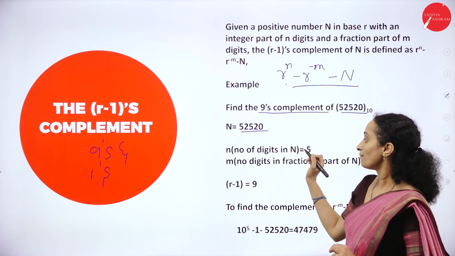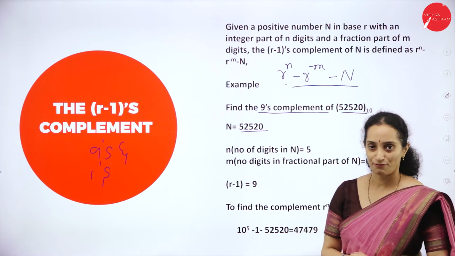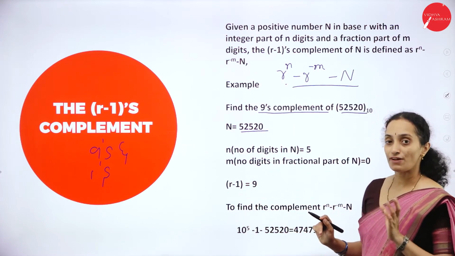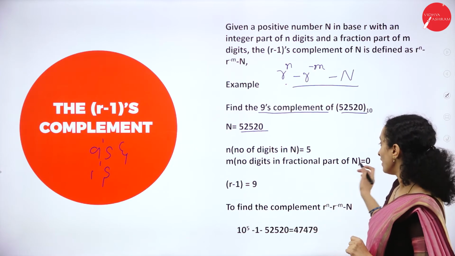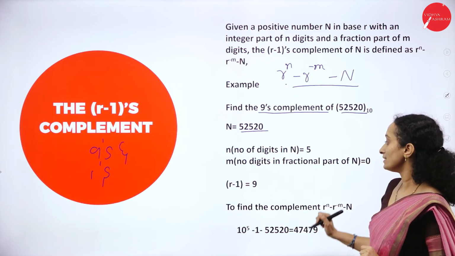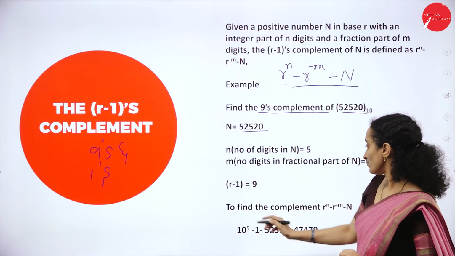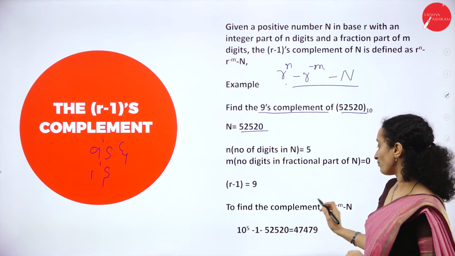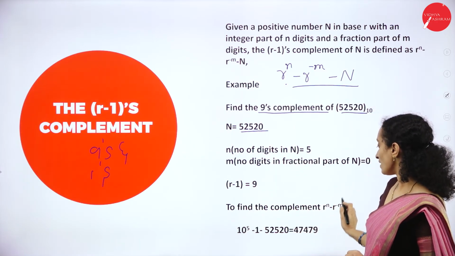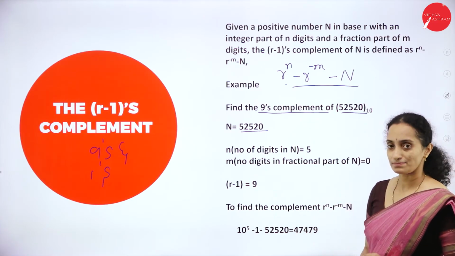Same input, 52520. n is the number of digits, which is 5. m is the number of digits in the fractional part, but you don't have a fractional part here, so it will be 0. R minus 1 will be 9. To find the complement, you have to find R to the power of n minus R to the power of minus m, minus n.